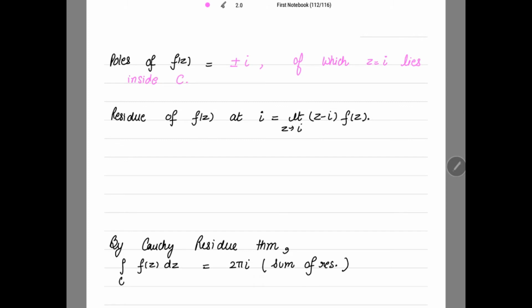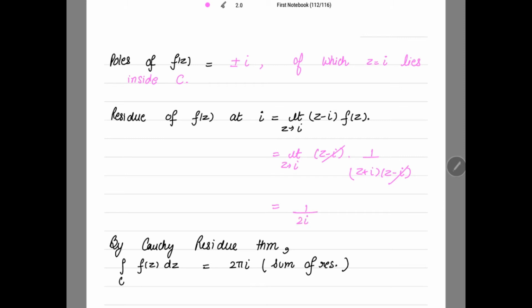Now the residue of this f(z) at iota is equal to, the formula for calculating the residue, limit z tends to iota, z minus iota, the function is 1 over z square plus 1. Can I write it as z plus iota and z minus iota? This cancels, and putting z equal to iota over here, I get 1 over 2 iota.